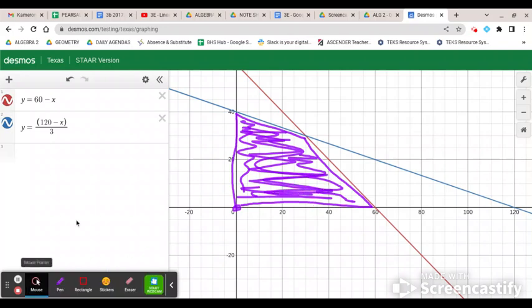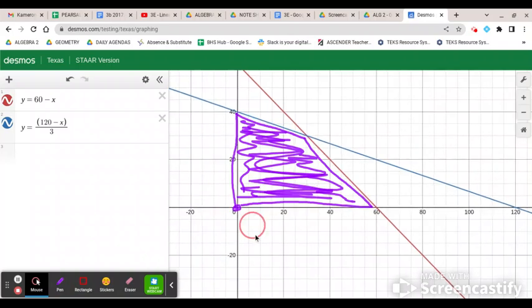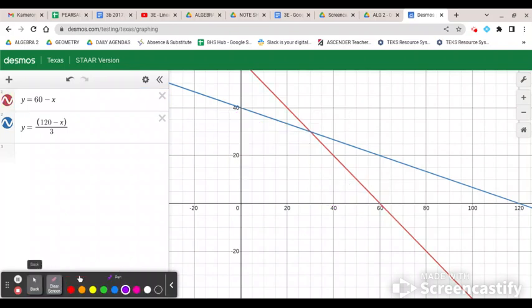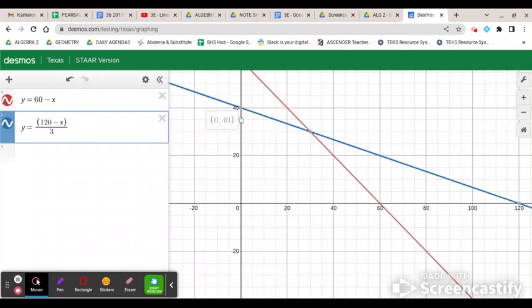And now we just want to find our corner points. So we obviously have a corner point at 0, 0. And we have points at 0, 40, 30, 30, and 60, 0.